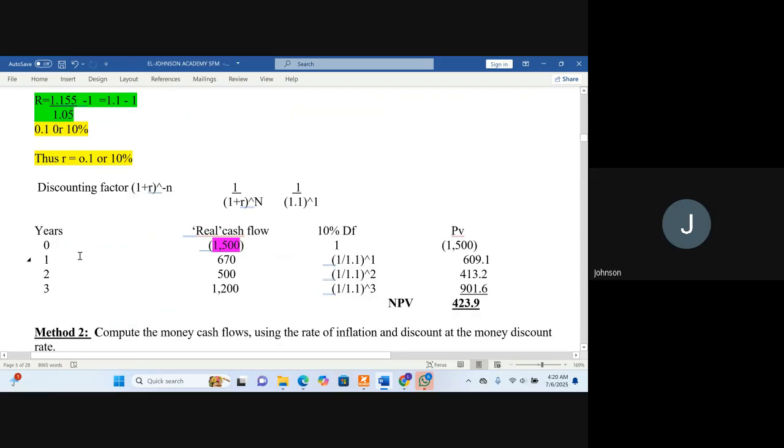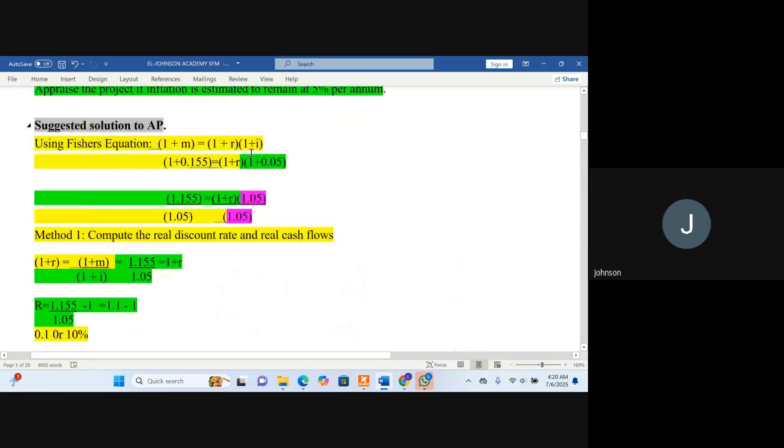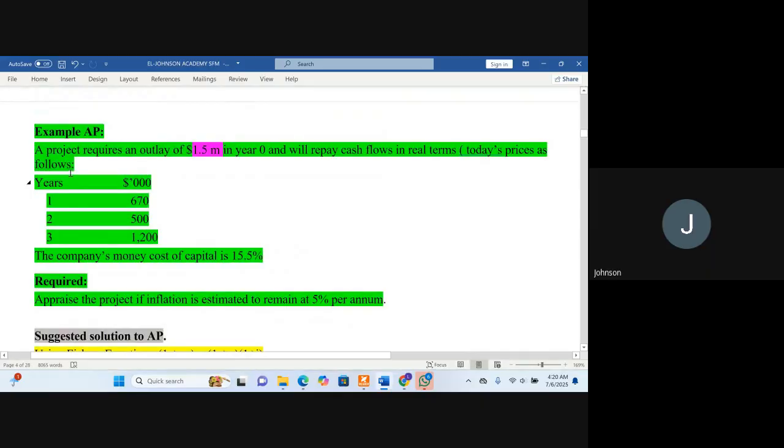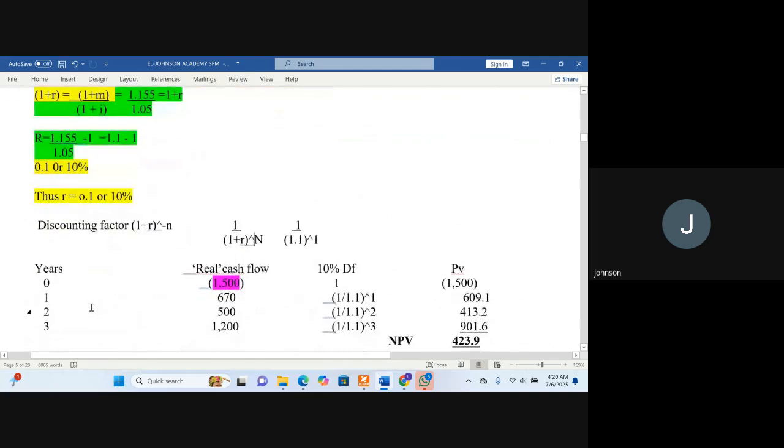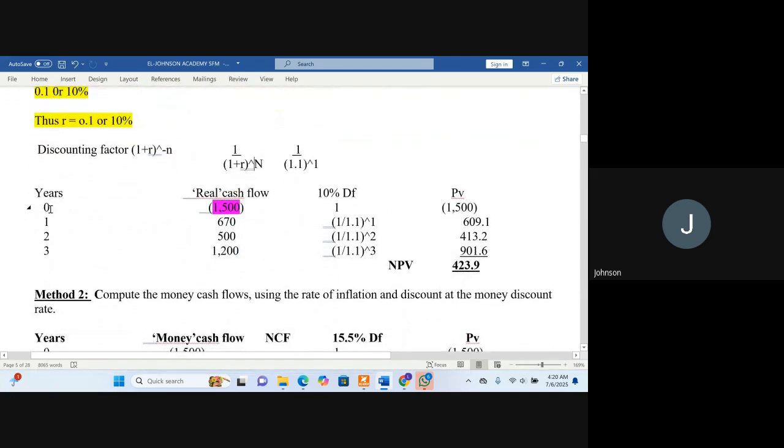So in year 0, according to the question, they told us that the project requires an outlay of 1.5 million. Since it's an outlay, anything going out is going to be bracketed. So we now have years, we have real cash flows. Remember that these cash flows, we did not affect with inflation.